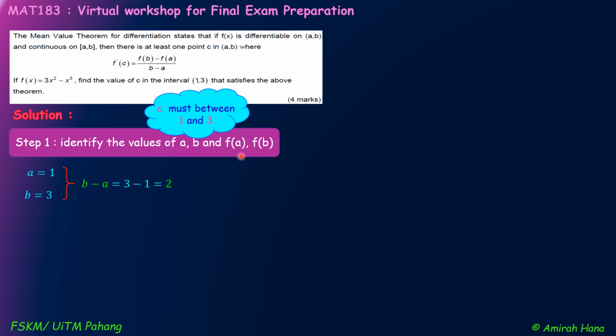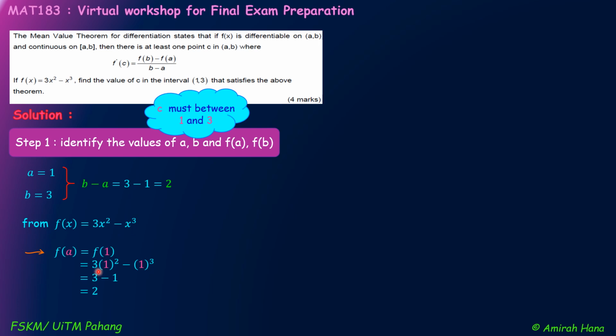After that, we need to find f(a) and f(b). From f(x) equals 3x squared minus x cubed, to find f(a), we replace a equals 1, and then we replace 1 into variable x.